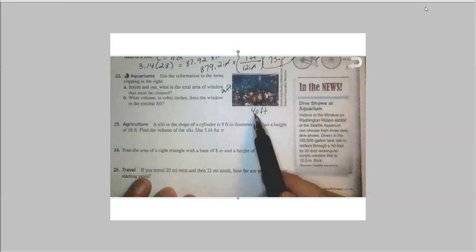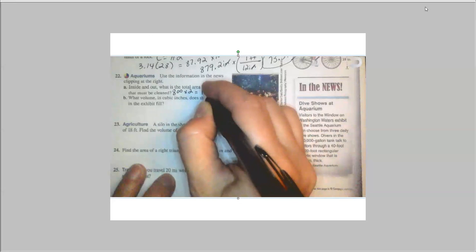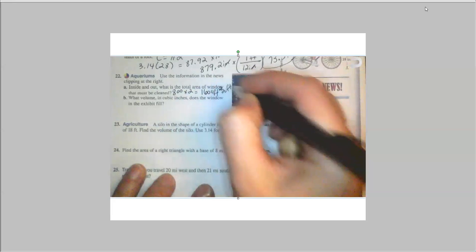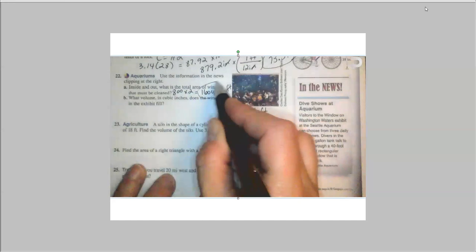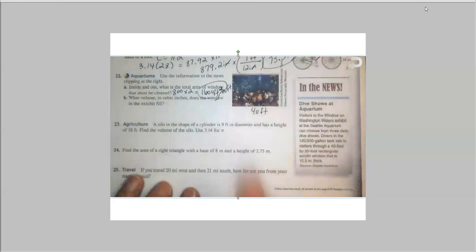So area is 40 times 20, which is going to be 800, but that's just one side, right? So I'm going to double it because I've got to clean both sides, and that will be 1,600. Remember, area is square feet. 1,600 square feet.